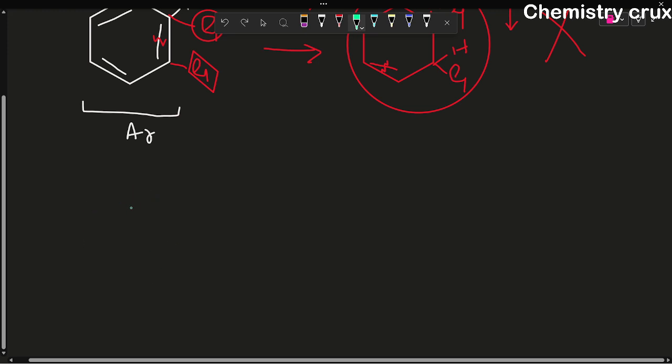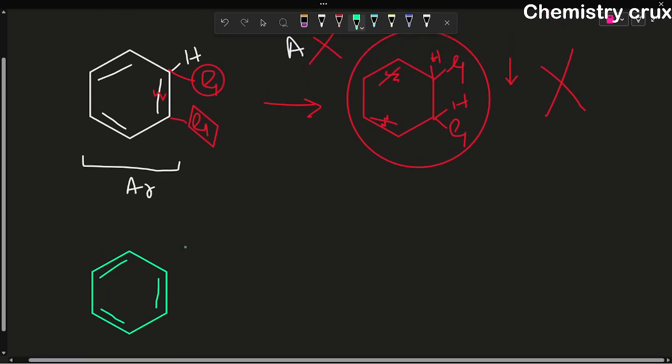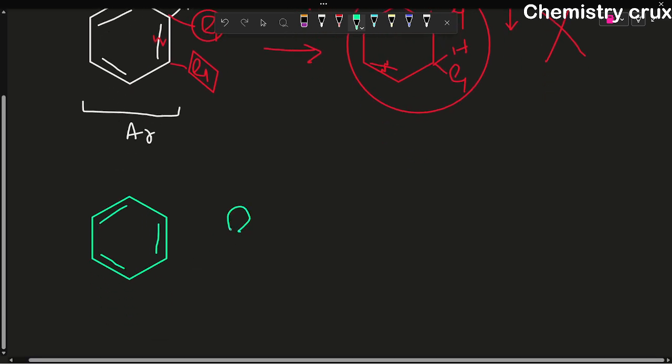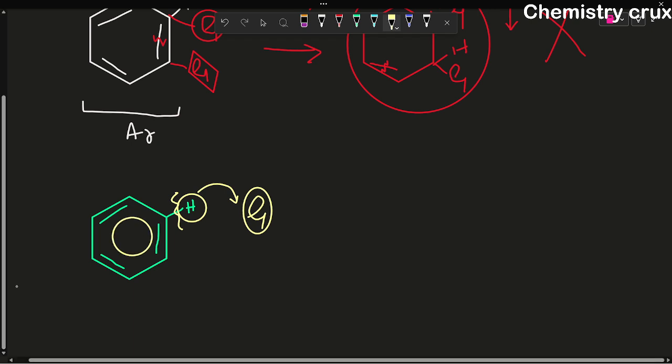What they tend to do is form something like this. They take a group. For example, here H is present. Whenever a group comes in, let me draw this group with some other color, benzene or aromatic compounds in general try to replace this hydrogen with this group, so that the aromaticity remains in place and doesn't go down.